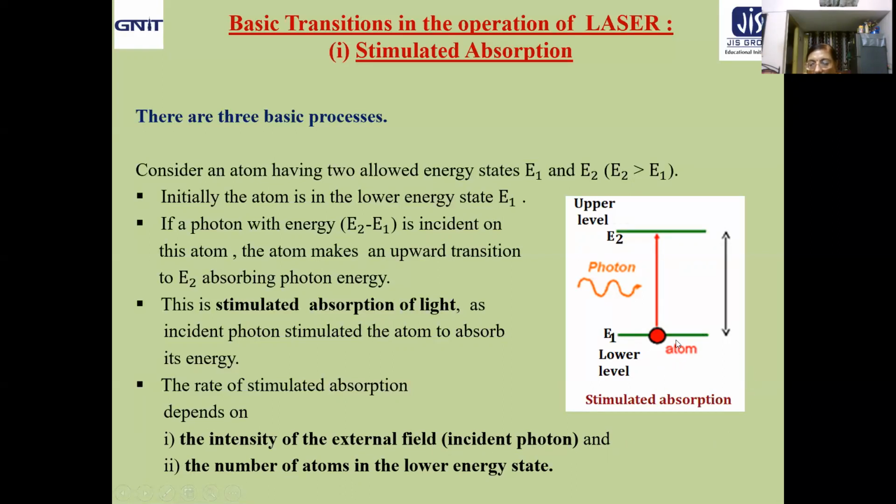More the number of atoms in the lower energy level and more intense the incident photon is, obviously the upward transition, that means the stimulated absorption, will be more and more.